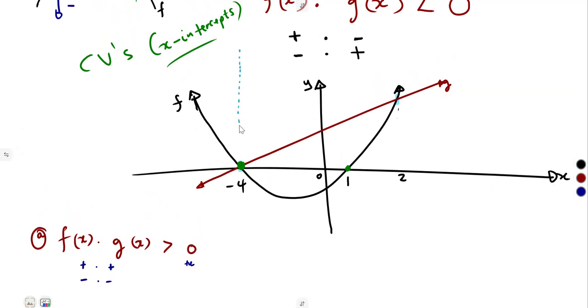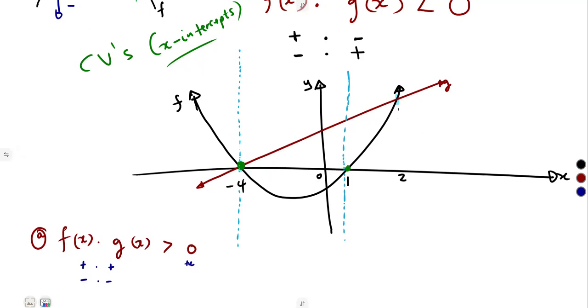So this is it, our x-intercept at -4, and x-intercept here at 1. That is what is important, your critical values. The rest, ignore. The point of intersection is not important. Here it's a coincidence that the x-intercept is also a point of intersection. Anyways, that cannot stop us from answering our question.